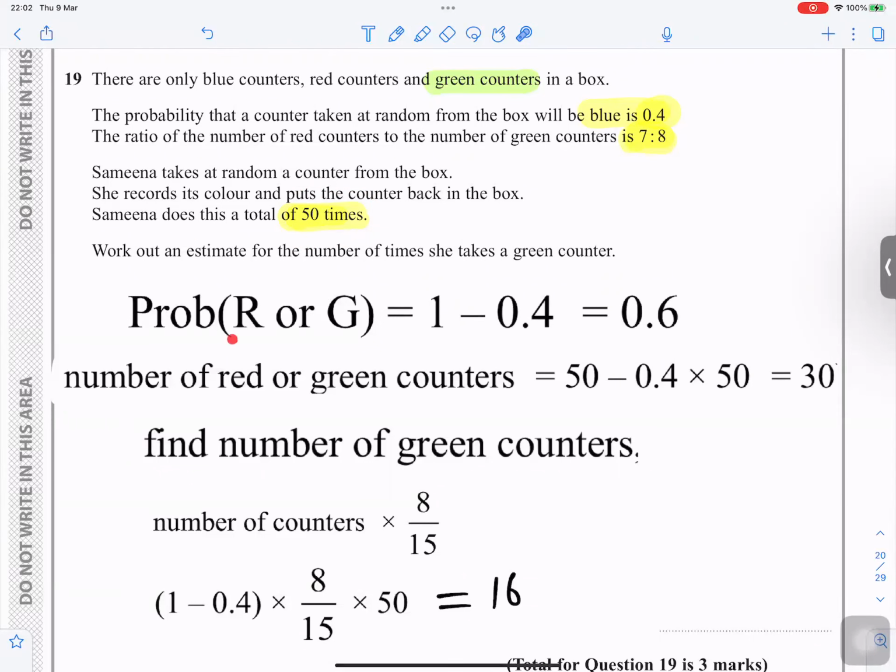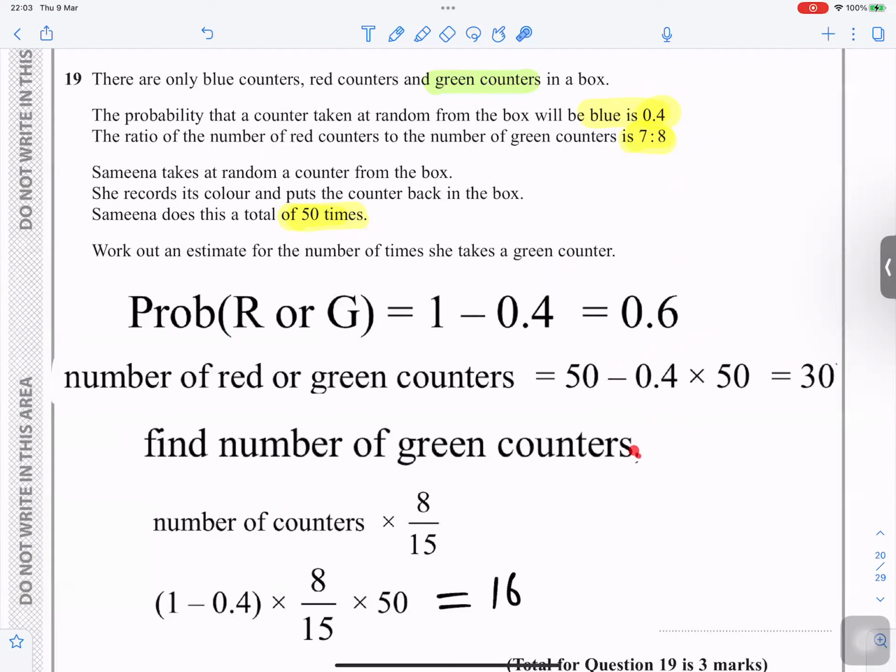So the probability of red or green is 1 minus 0.4, because we have 0.4 for the blue. So the probability of red or green is the leftover, which is 0.6. So the number of red or green counters is 50 minus 0.4 times 50, which gives us 30.